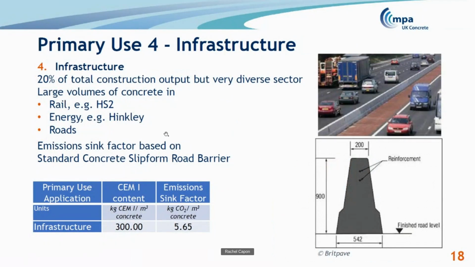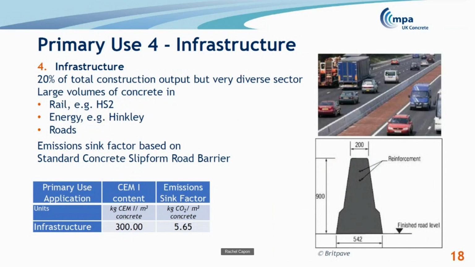And then infrastructure. Infrastructure is 20% of total construction output. It's a very diverse sector, and there are large volumes of concrete going into some big bespoke projects. For example, we've got rail and HS2, and energy, where a lot of concrete is going into new nuclear, for example Hinkley.